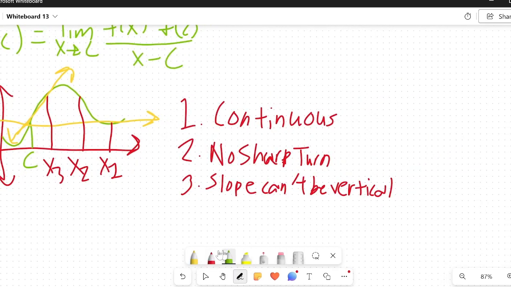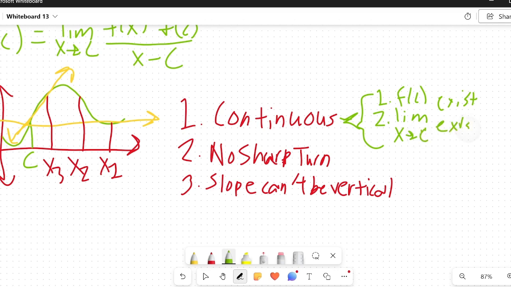This breaks up into its own three rules, like we discussed last time for continuity, where f of c has to exist, the limit as x approaches c exists, and lastly, f of c equals the limit as x approaches c of f of x. So continuity breaks up into its own three rules.